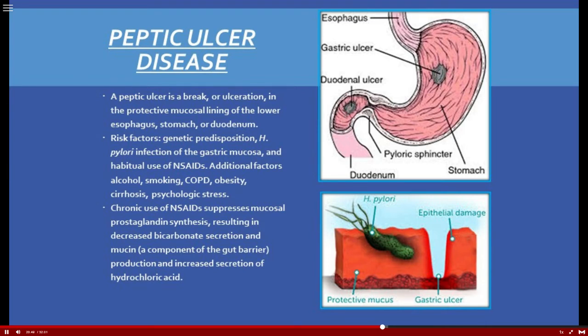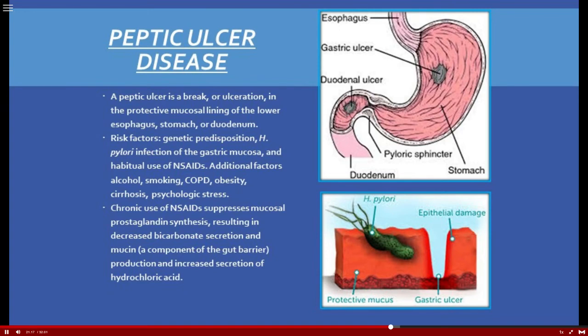So ibuprofen, they're great for pain because they actually decrease the synthesis of prostaglandin. Well, prostaglandin, that's all great and good, but it results in decreased bicarbonate secretion and mucin. Mucin is that component of the gut that has that protective barrier against hydrochloric acid.